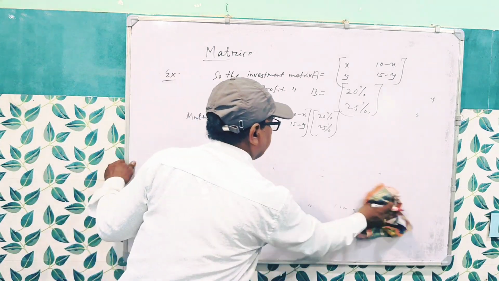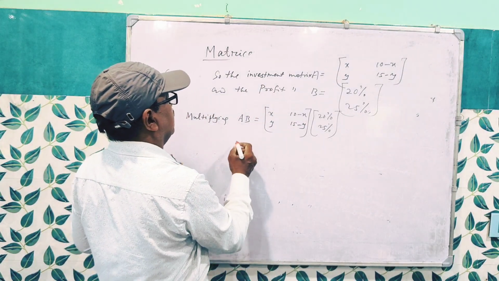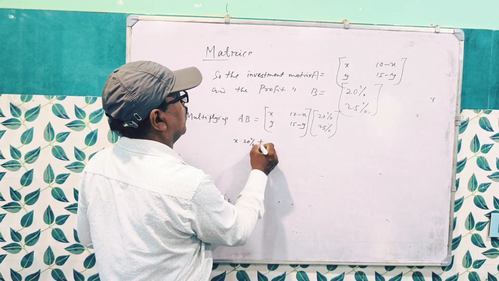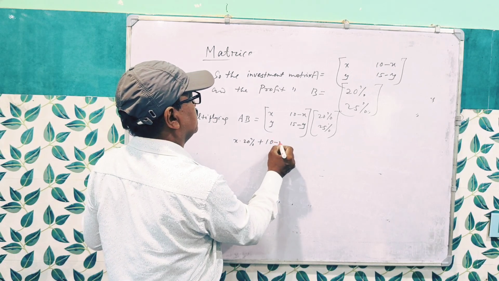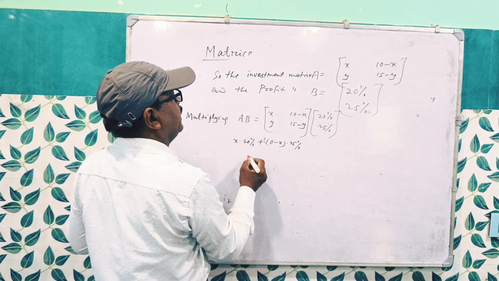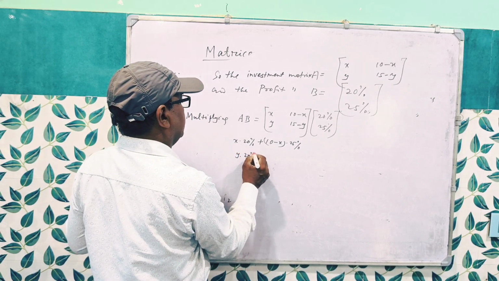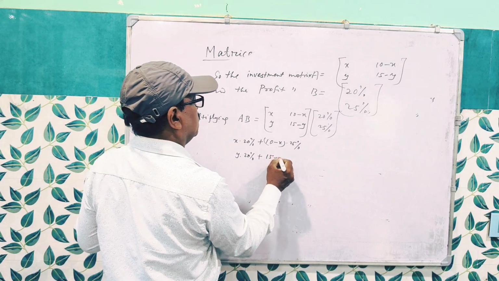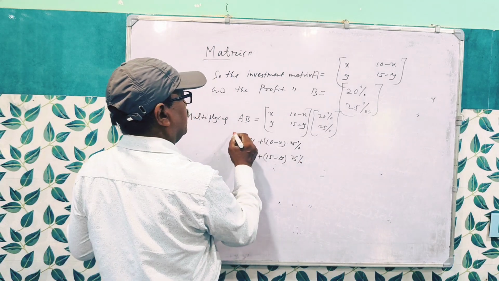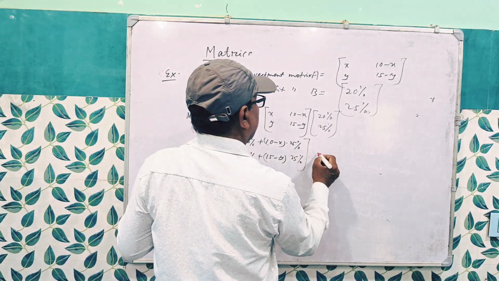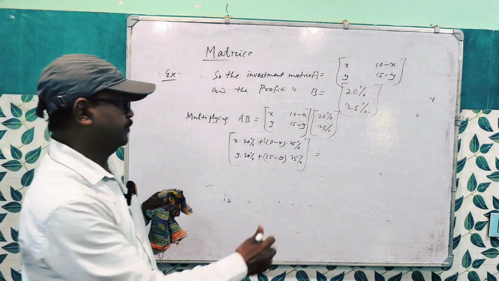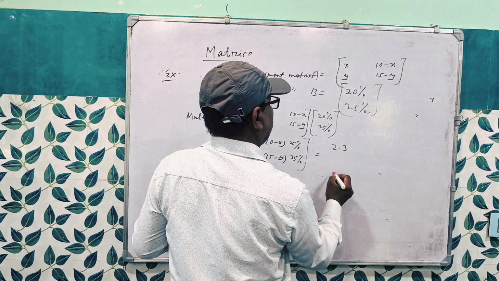We have X into 20% plus 10 minus X into 25%, and Y into 20% plus 15 minus Y into 25%, is equal to 2.3 and 3.5.